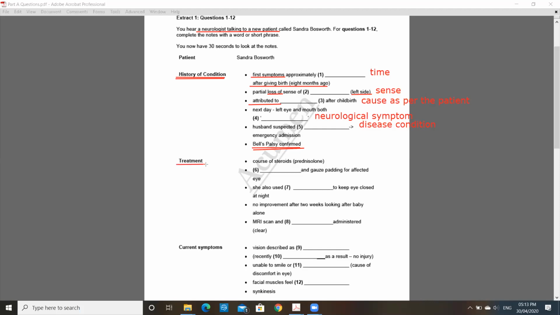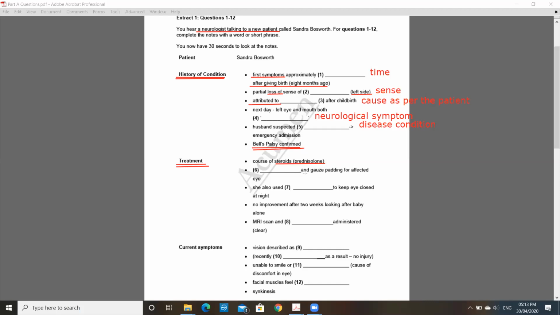Then the second set of questions you have is related to treatment. Now again here one point is already given, steroids. Always pay attention to also those bullet points which are not assessed, because they will help you to keep track of the audio, one thing, and they would also help you to ensure that you are not repeating something. So here it is given gauze padding for affected eye.